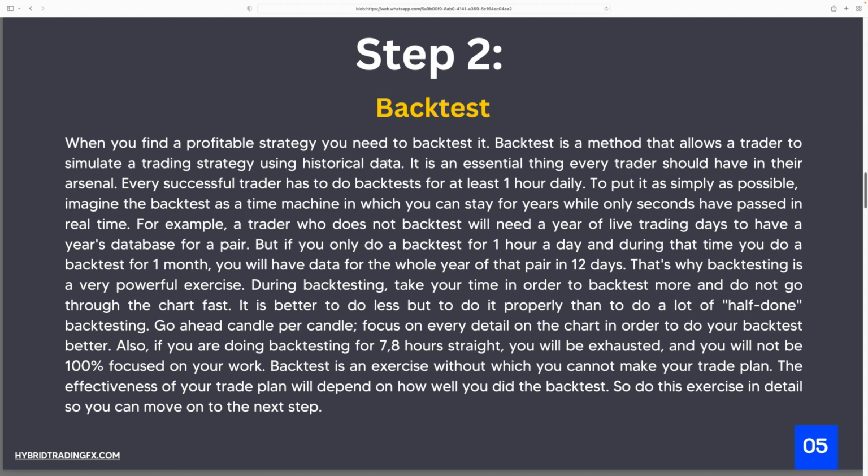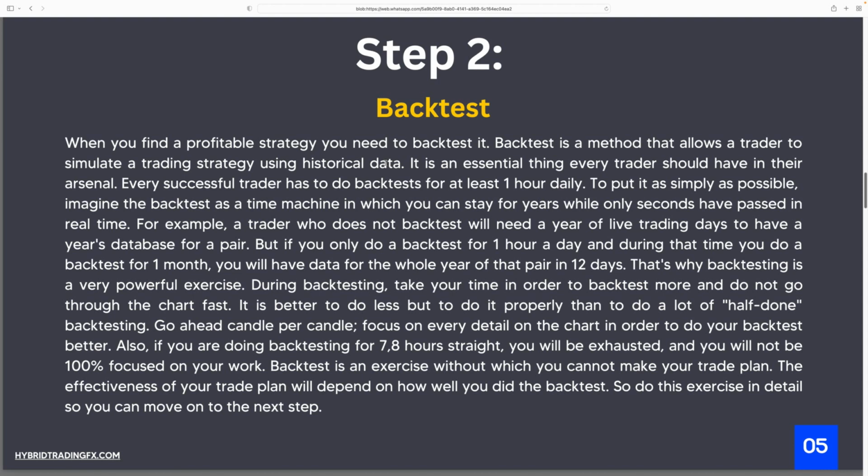It's going to be maybe 20 minutes, half an hour. But if you're not experienced with backtesting, it's going to take you around 1 hour to do everything right. So let's say we do 1 hour a day, and we do 1 month a day. If we just focus on doing backtesting 1 hour a day, in 12 days, we are going to be able to backtest 1 year full of data.